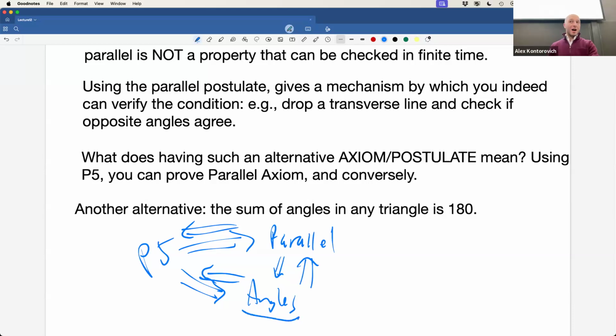But people really latched on, to answer your question, Alexander, people really latched on to this alternative as a possible mechanism by which you can prove the fifth postulate from the others.